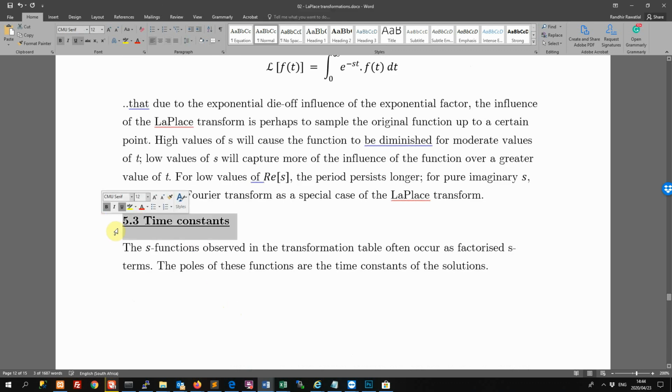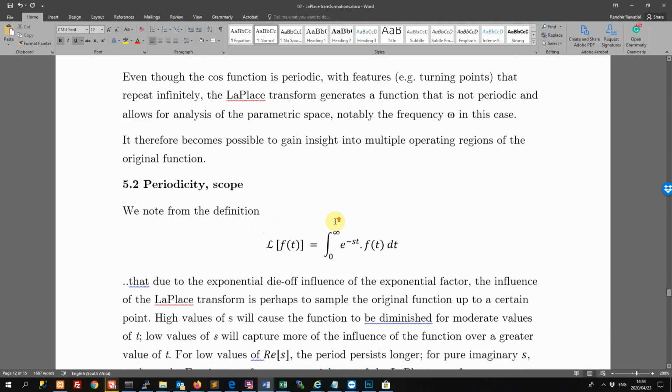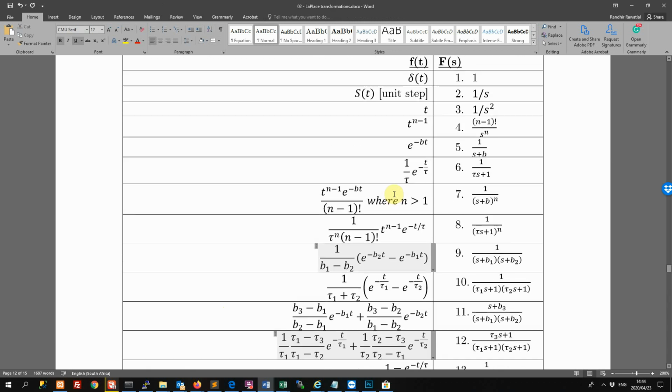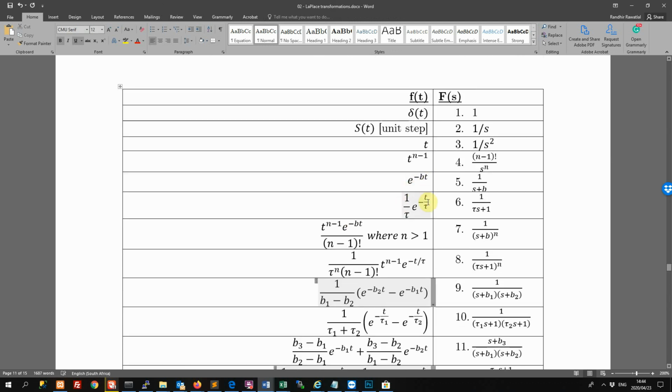The third and final thing I wanted to say is about the time constants. Let's go back to the table and look at our time domain functions. You can see here this factor bt, that b is an exponential factor, and it's showing up here in the denominator.